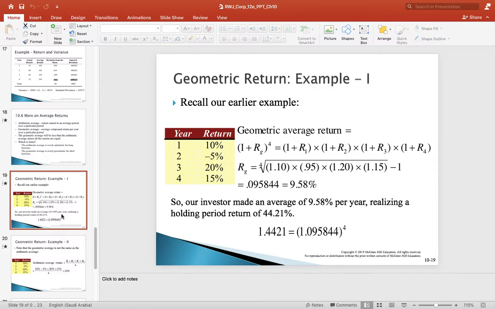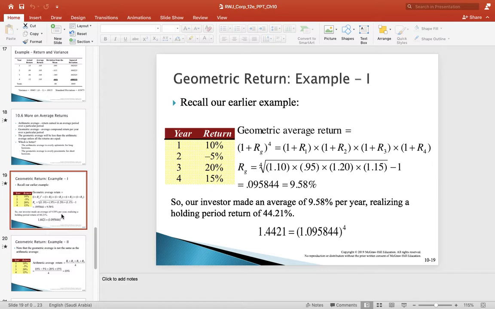Minus 1 gives 9.58% as the geometric average. If you raise this to the power 4, 1 plus the geometric average to the power 4 will be equal to the holding period return, 44.21%. So this is the geometric average.